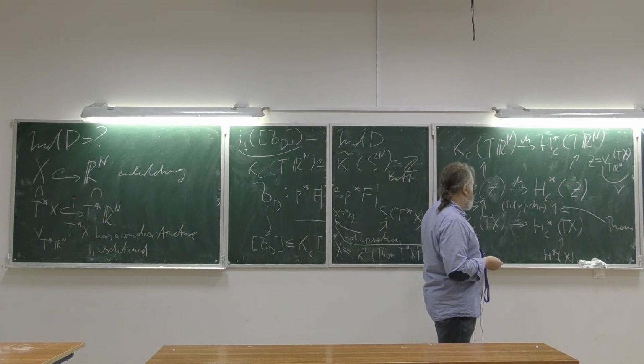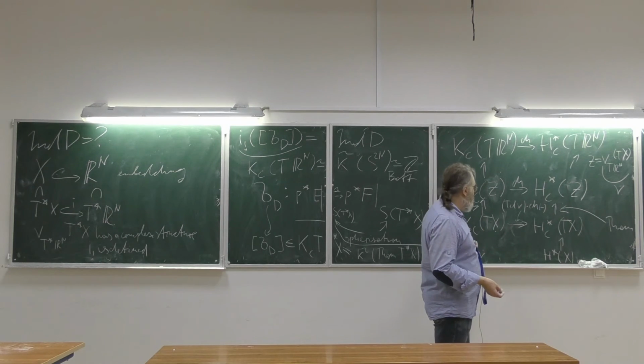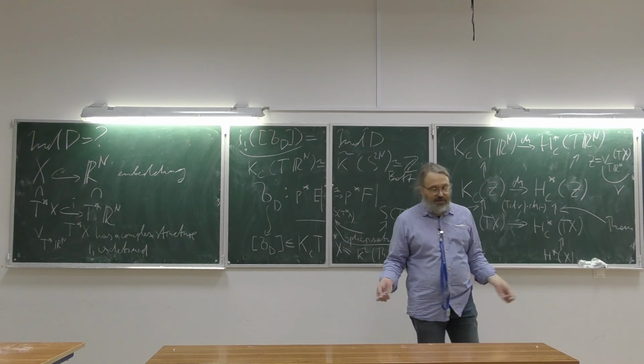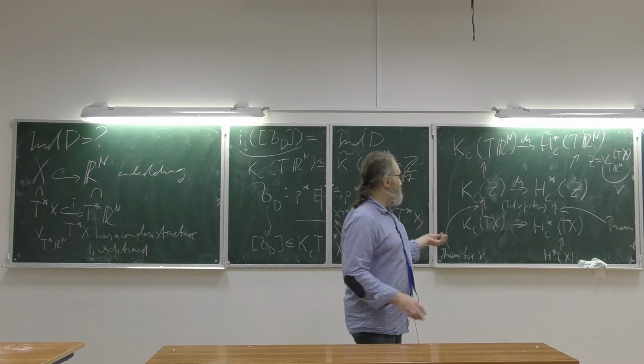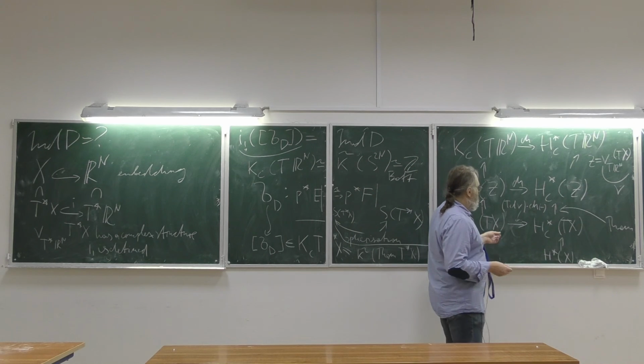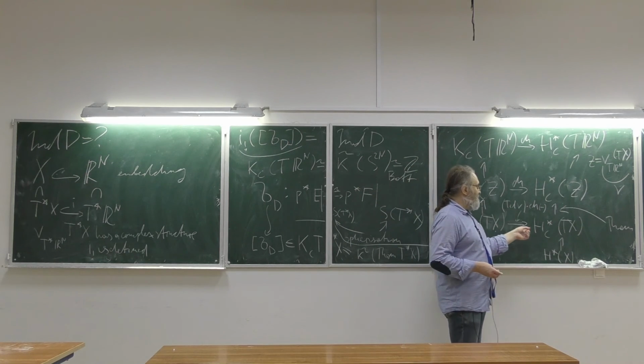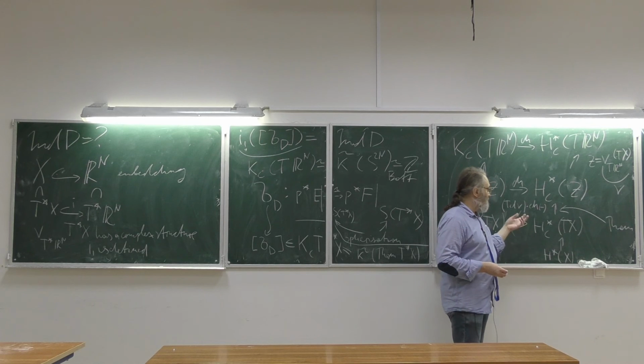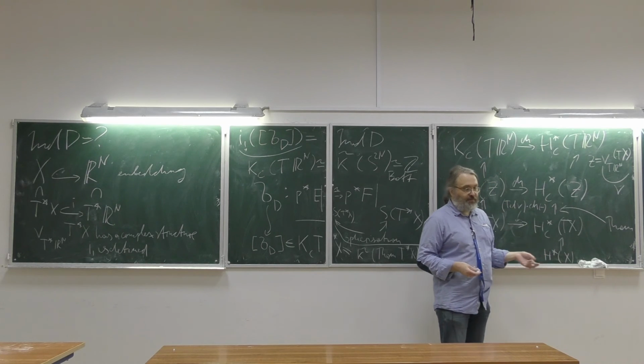The Todd class of nu. But nu is the normal bundle. It has a complex structure, so it makes sense to multiply elements of this group by the Todd class of nu.